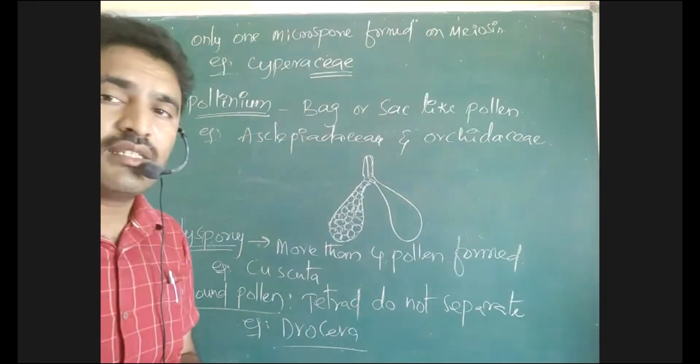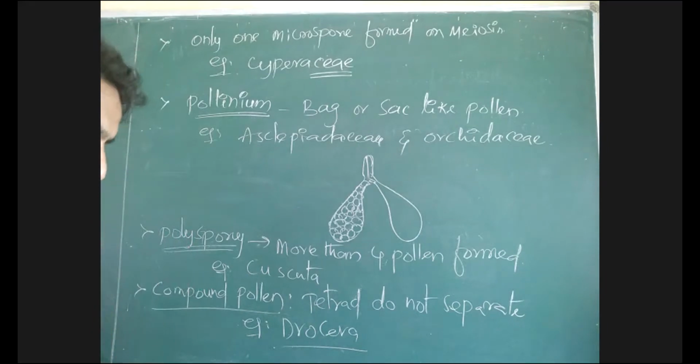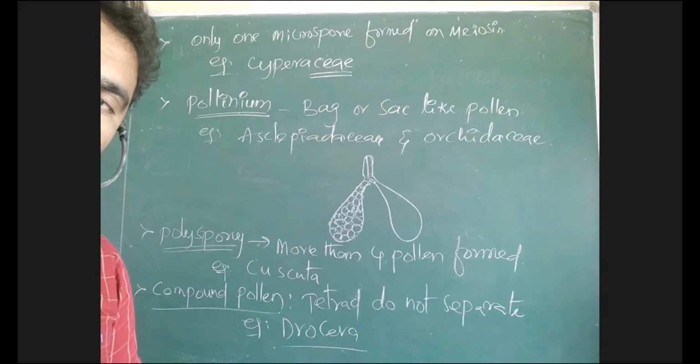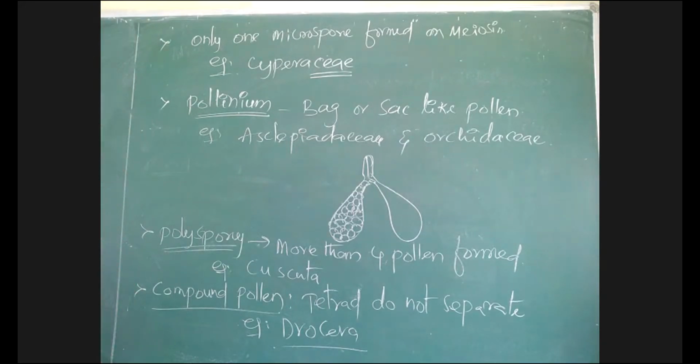These are some other cases of microsporogenesis. Usually, the sporogenous tissue present inside the pollen sac undergoes first mitosis, then meiosis. Upon mitosis, pollen mother cells are formed. Then they undergo meiosis and produce a large number of pollen grains as tetrads.